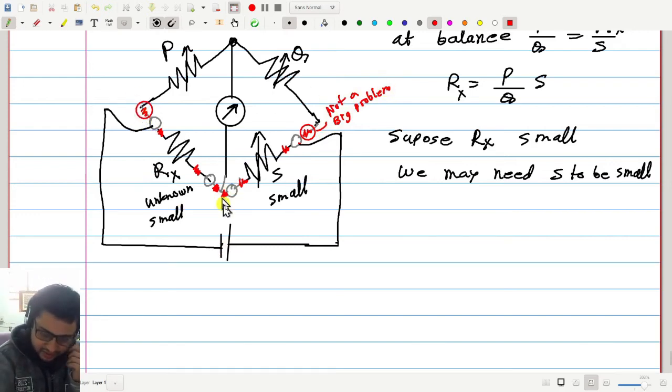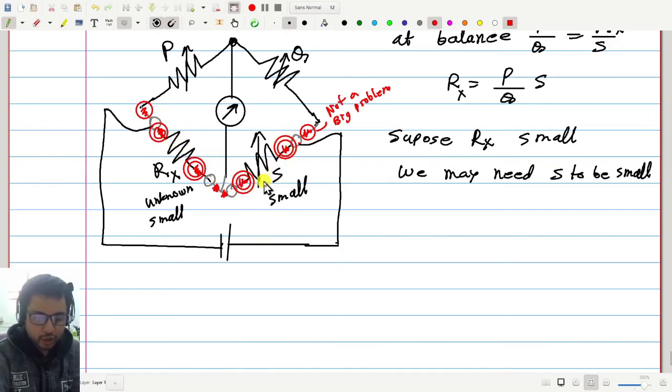But here, these resistances, this one, this one, this one, this one, they are coming in series with a small value resistance. And when you add something small with something small, relative error is big.